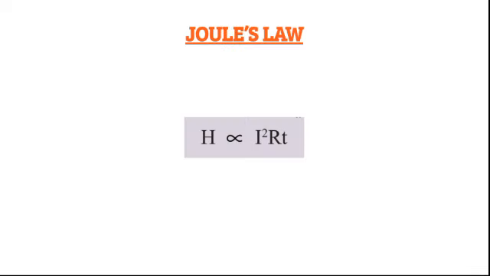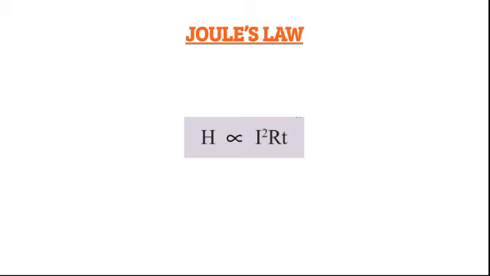Joule's law. Joule's law can be stated using this relation: H proportional to I squared R T. Actually, this itself is Joule's law, H proportional to I squared R T. We can write the statement using this relation. Here H stands for the heat, I the current, R resistance, and T the time duration of current flow.